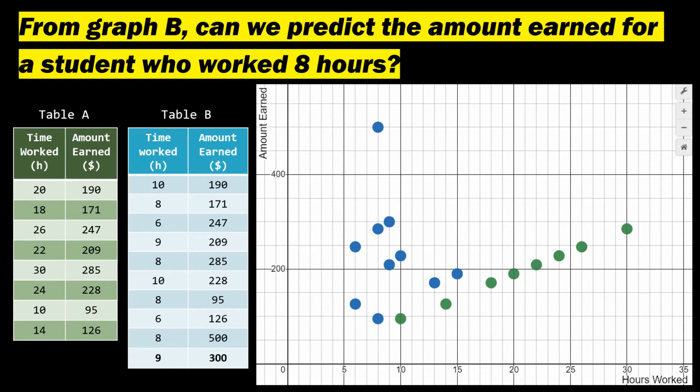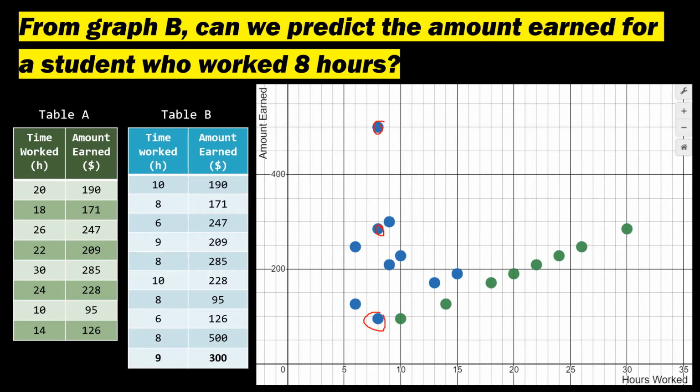All right, let's now look at graph B. So can we predict the amount earned for a student who worked 8 hours? In table B, we can see there's a few entries for students that worked 8 hours, and those are plotted on the graph here. So no, we can't make any predictions about students that work 8 hours because there are many different outcomes, as we can see.